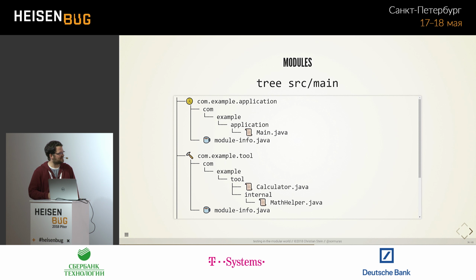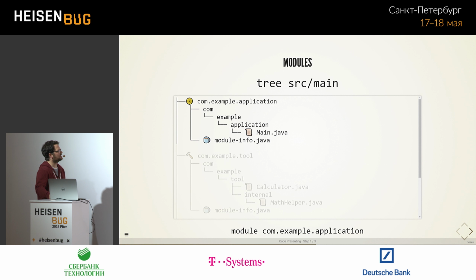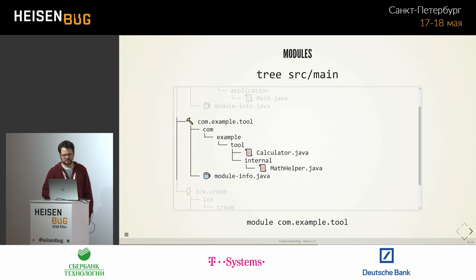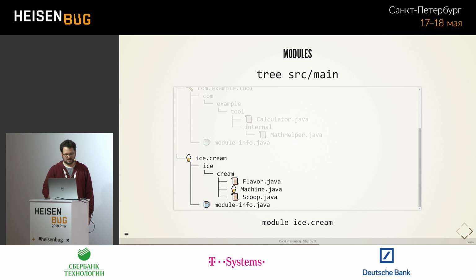Okay, so let us look at the source. Like I said, very simple. Have a package structure, have your main class in the example application directory, and in the root of it, we have our module descriptor. Same goes for the tool: calculator and an internal math helper. And the ice cream machine: there's a flavor, here's scoops, and the machine is the one that implements the test engine.